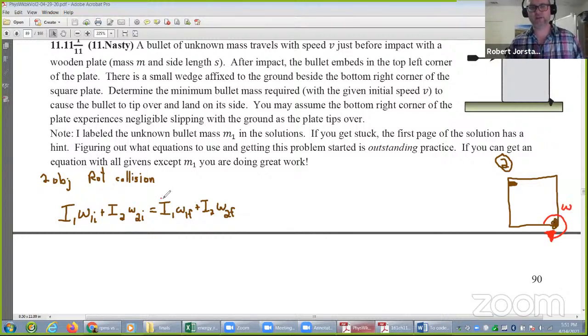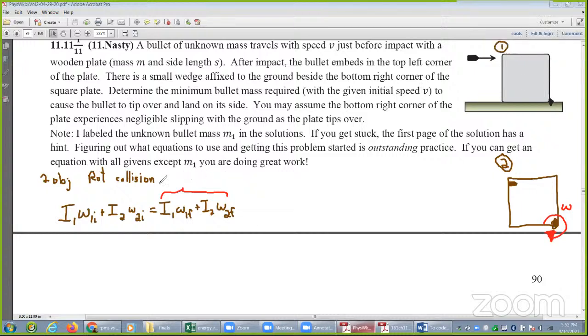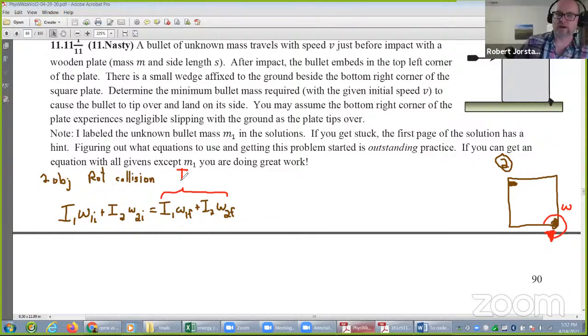What's true about this side of the equation? Is there any way I could simplify that? The moment of inertia 1 and omega 1. Would you say it goes to 0 because it's one object? Okay, yeah, it goes to one object.